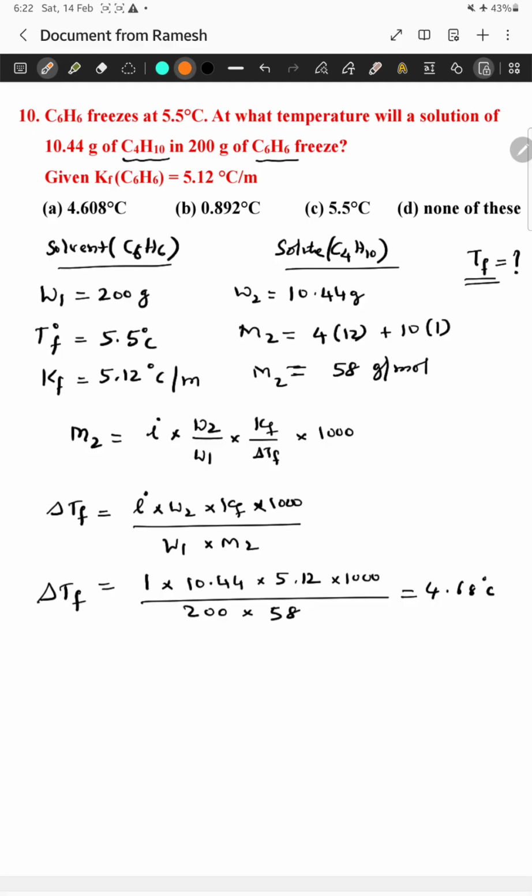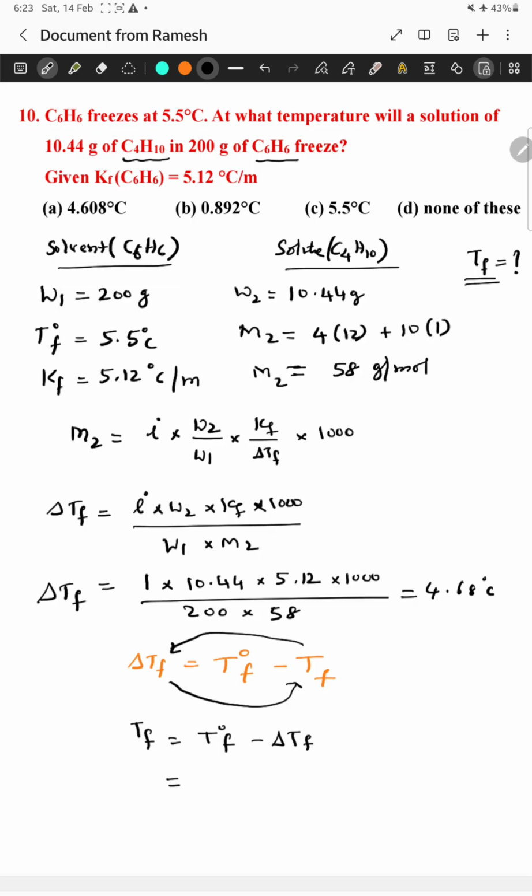Now they're asking for the freezing point of the solution. To calculate it, we use the formula: depression in freezing point delta Tf is equal to freezing point of solvent minus freezing point of solution. So take Tf to the left side and delta Tf to the right side. Tf is equal to T0f minus delta Tf.